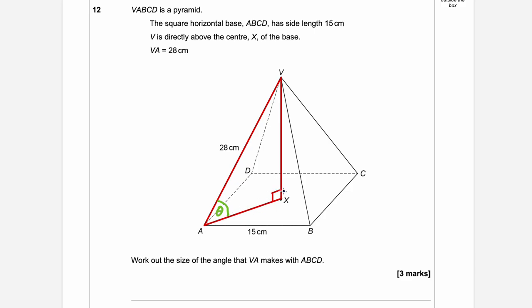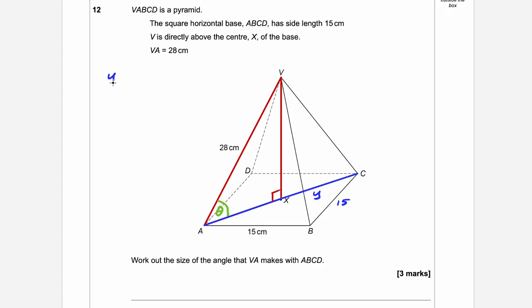Let's call it y. So this is 15. Why don't we draw another line all the way to here? This is 15 there. And by getting this big blue line, we can just half it to give me AX. So let's call this big blue line y.